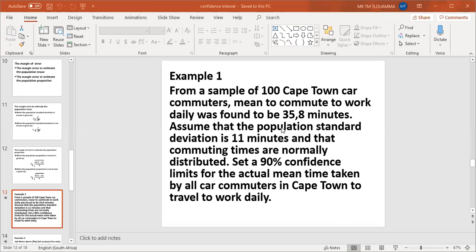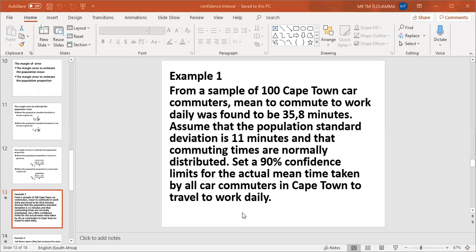Let me read the whole statement. Assume the population standard deviation is 11 minutes and that the commuting times are normally distributed. You must set a 90% confidence limit for the actual mean time taken by all the car commuters in Cape Town to travel to work daily.